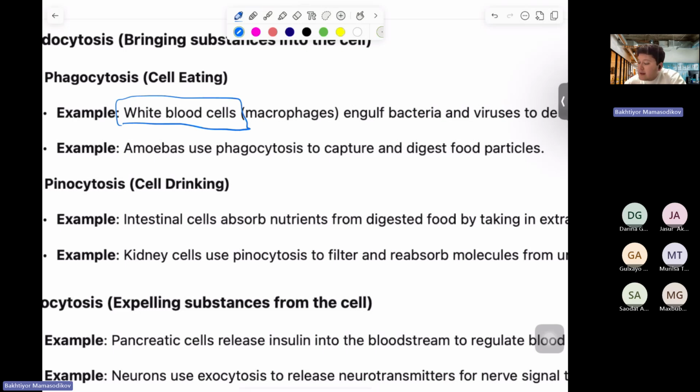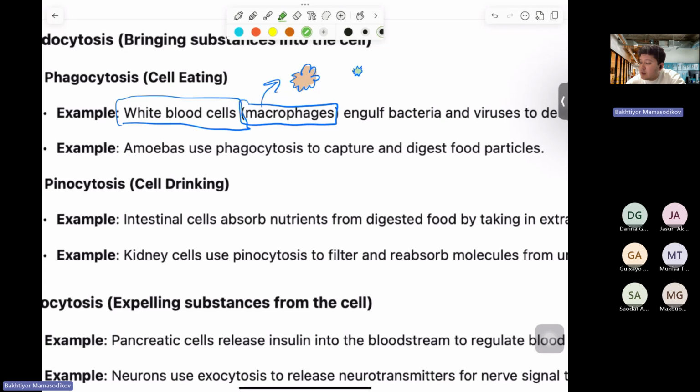One example of the immune cells is the macrophage. This is the macrophage. So what is the macrophage going to do? Imagine we have the so-called coronavirus. Imagine this is the coronavirus. This is the virus.